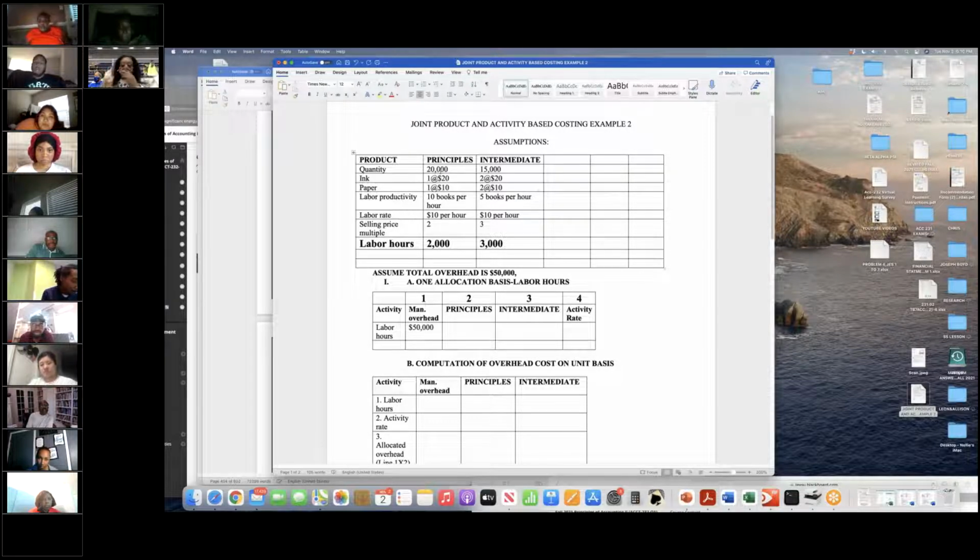Your quantity is 20,000, you're making 10 per hour, so that's going to be 2,000 labor hours of principals. Intermediate, 15,000 quantity. You make 5 per hour, so it's going to take 3,000 hours. What are you going to do with the 2,000 and 3,000? Add them up to make 5,000.